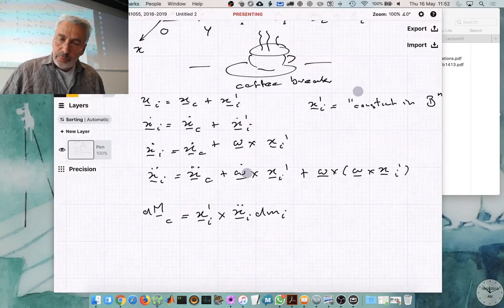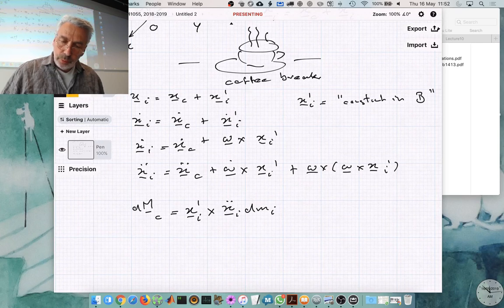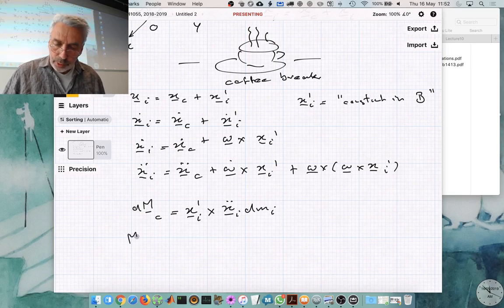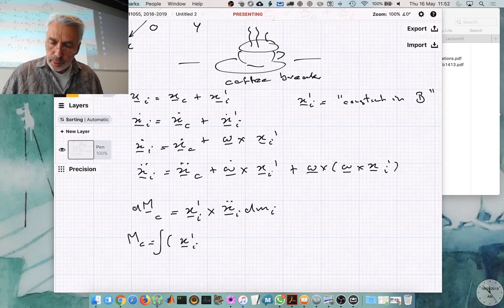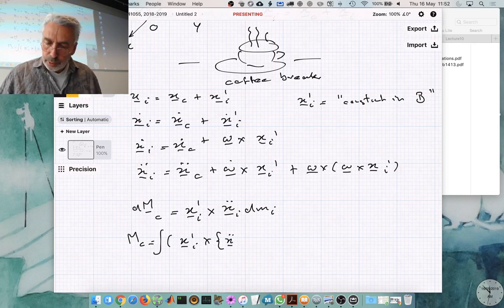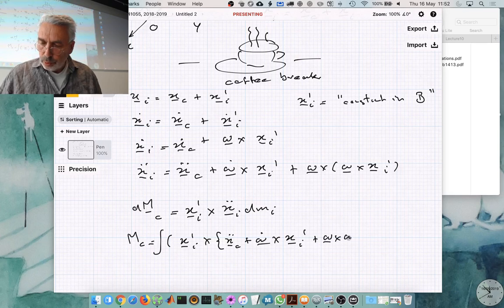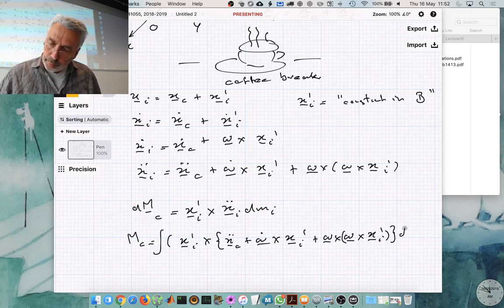The only thing now left is to put this expression here in and take the integral. So we say, well, M c is now the integral of, then we get the x prime i cross product with curly bracket. Then we have to repeat this whole guy, x double dot c plus omega dot cross x i prime plus omega cross omega cross brackets x i prime, close the curly bracket again.